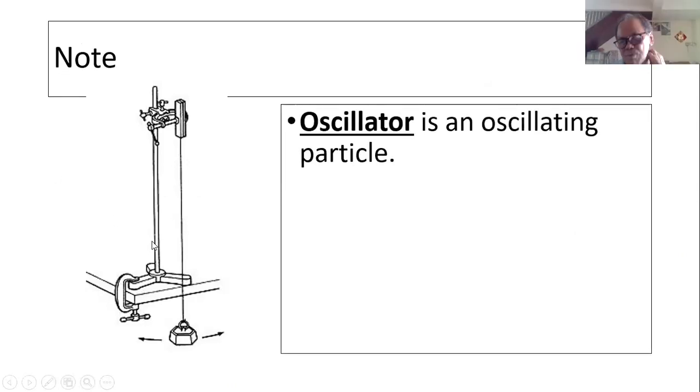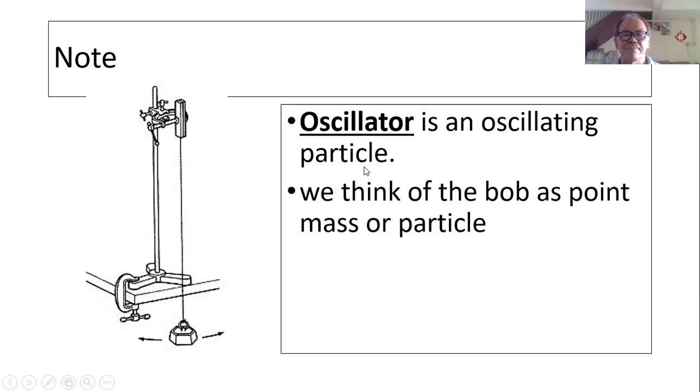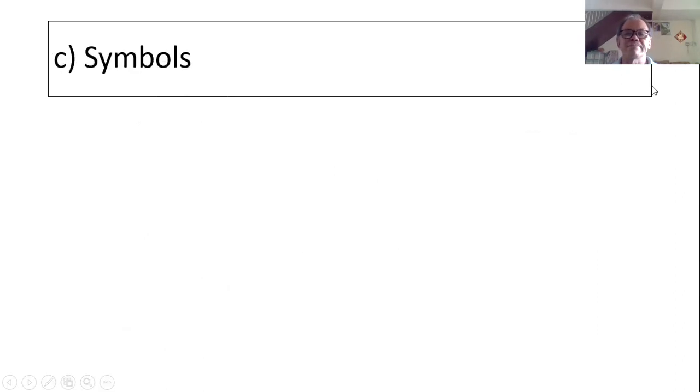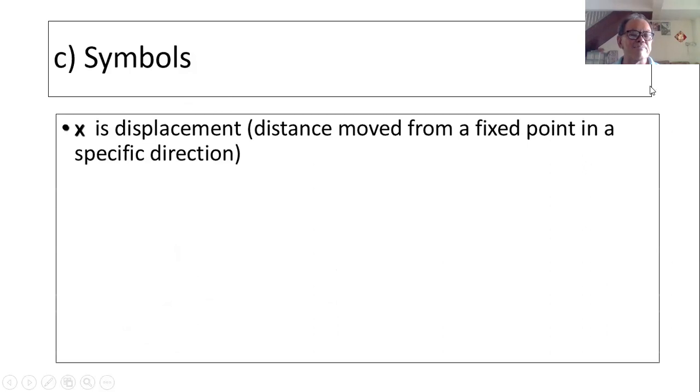So the body oscillating, we call it an oscillator or oscillating particle. We think of the bob as a point mass or particle, and the string of negligible mass. We won't bother about the string. And then some symbols we use: x is displacement, that means distance moved from a fixed point.